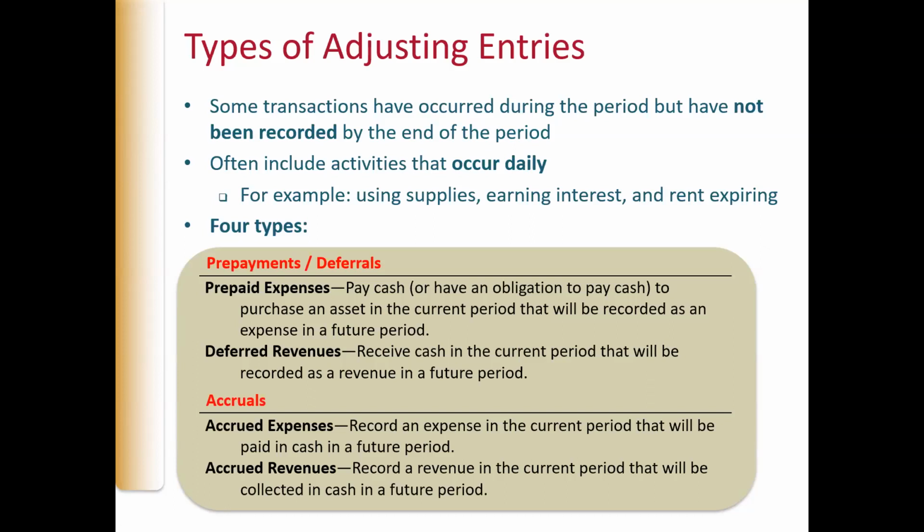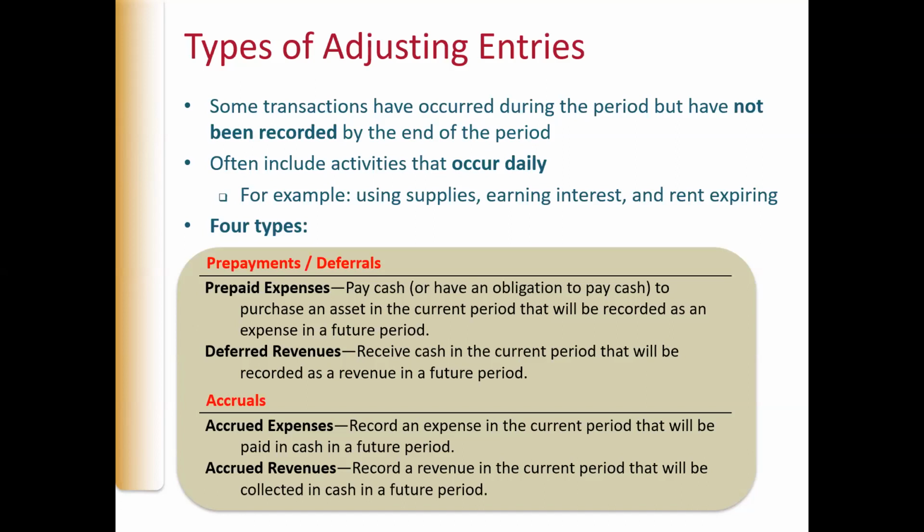Now, our accruals are where we record an expense in the current period that will be paid in cash in a future period, such as a utility bill, where we record the utility expense, but we might credit accounts payable.